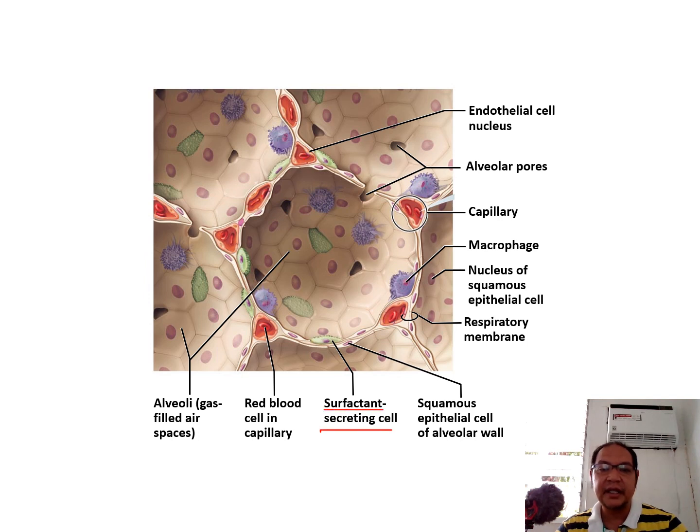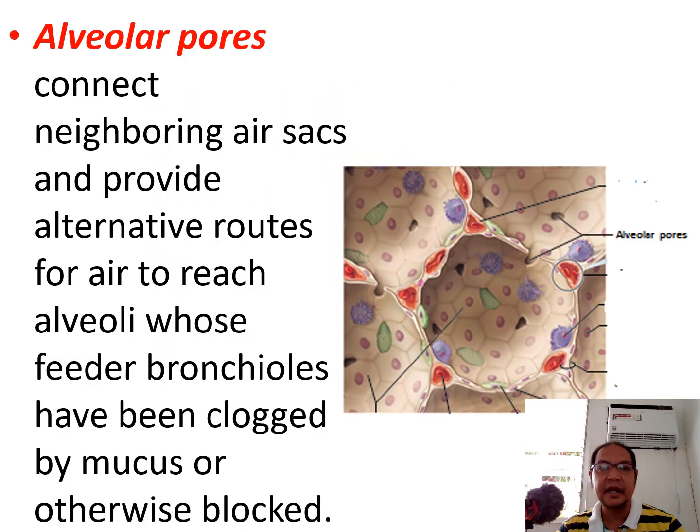This surfactant secreting cell secretes surfactant. This surfactant is very important to decrease friction among the alveoli so that it can promote expansion of the alveoli. And here, alveolar pores connect neighboring air sacs.